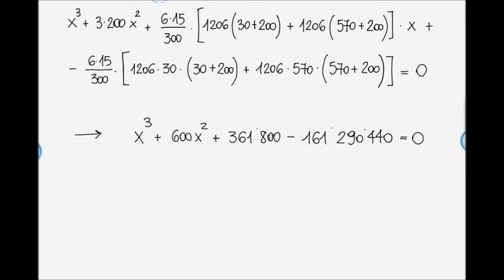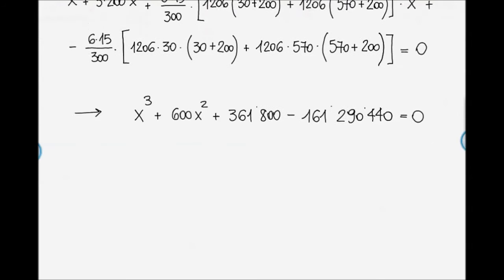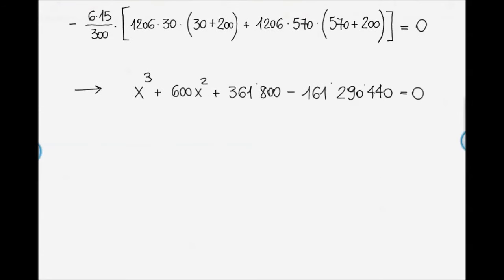Well, this equation has a unique real solution. So if we solve it, we obtain the position of the neutral axis, which is x equal to 270 millimeters.